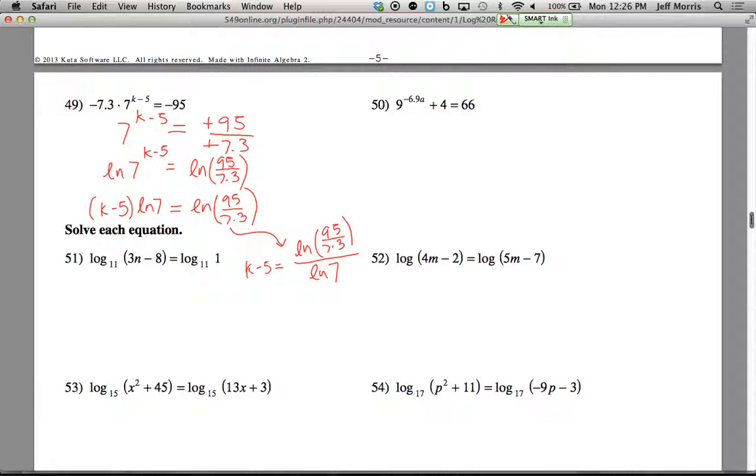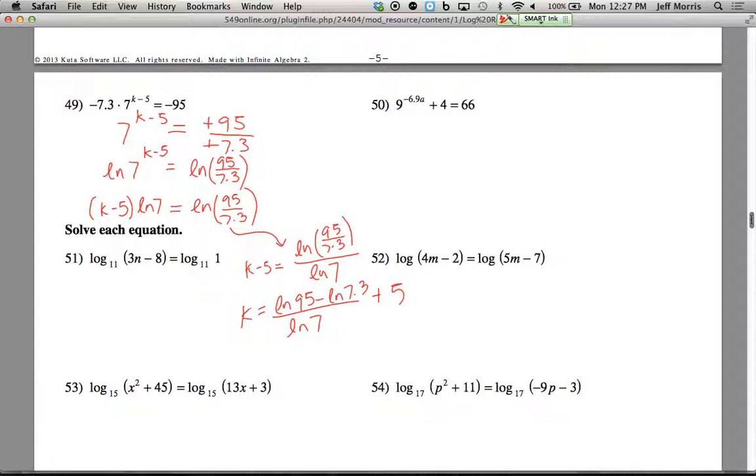Add 5. So k equals natural log, what I mean, natural log 95 minus natural log 7.3, over natural log 7, plus 5. Do you see that natural log 95 minus natural log 7.3 is the same thing as natural log 95 divided by 7.3? That's just a log property. Now, type that on the calculator.